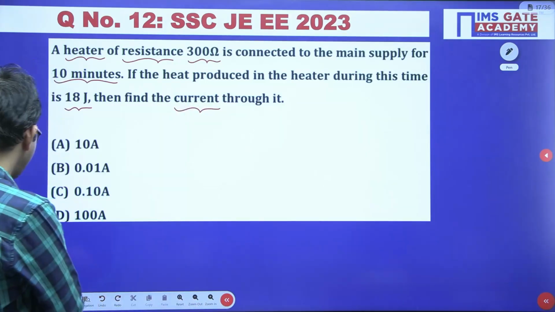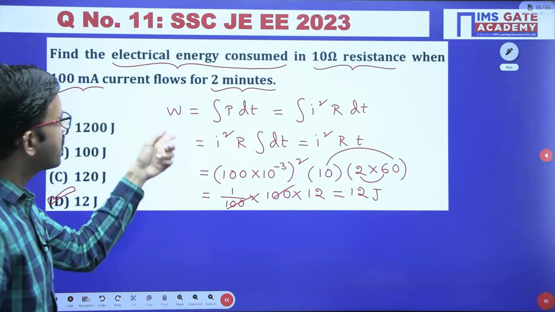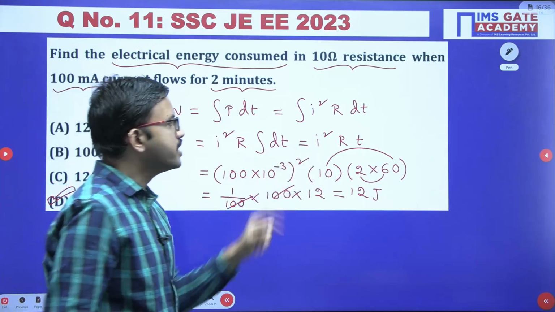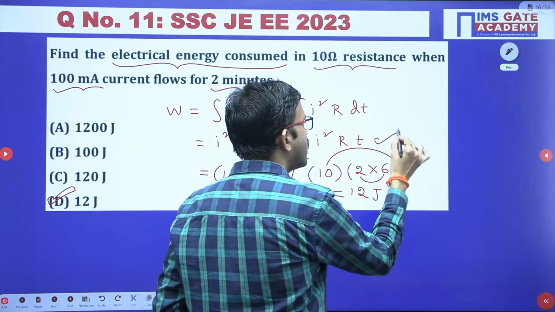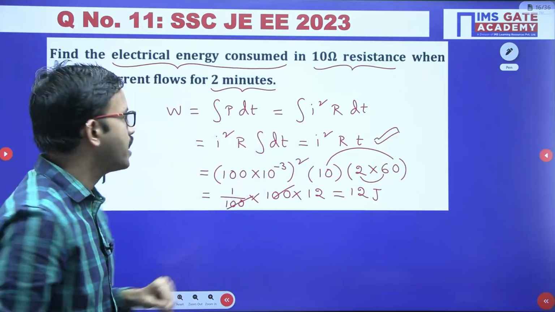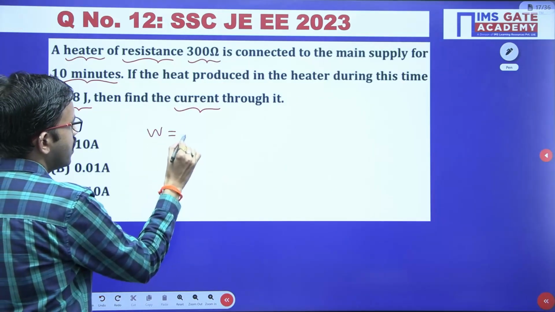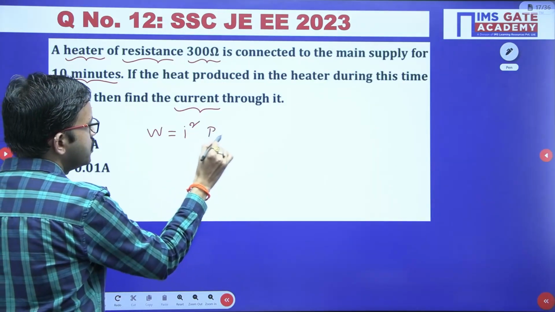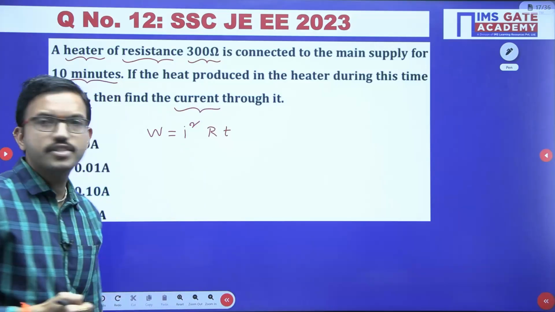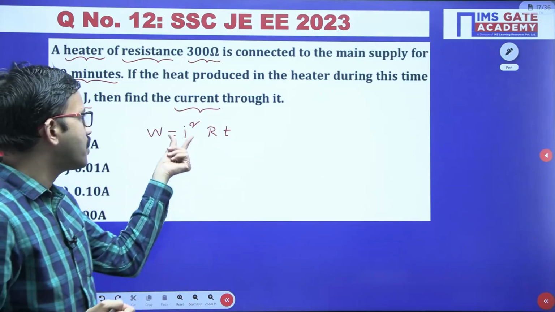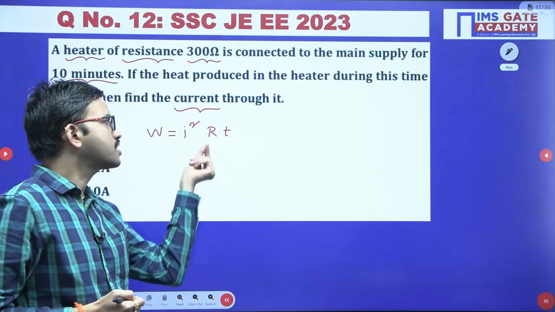Just now we used the formula for energy. The final derived formula is energy equal to I square into R into T. See, it is very simple: regarding the power formula, you know I square R, just multiply with time.